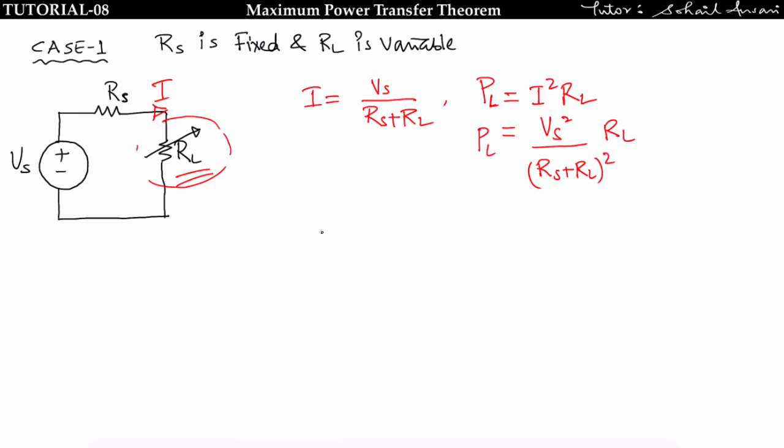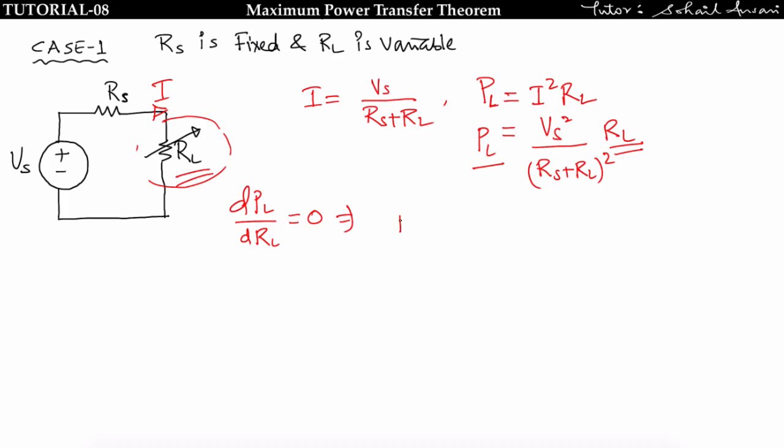So for what value of RL will we get maximum power? For this we have to differentiate the power with respect to the load resistance, and find the value of resistance for which the source will supply maximum power. So differentiate this PL with respect to RL and equate it to 0. That means first find dP upon dRL. What is dP upon dRL? This is the U by V form.